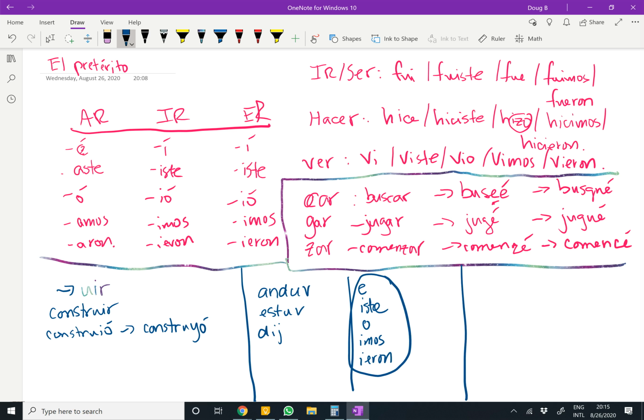Another exception would be verbs that are CIR or CER. In the él, ella, usted form, producir becomes produjo.